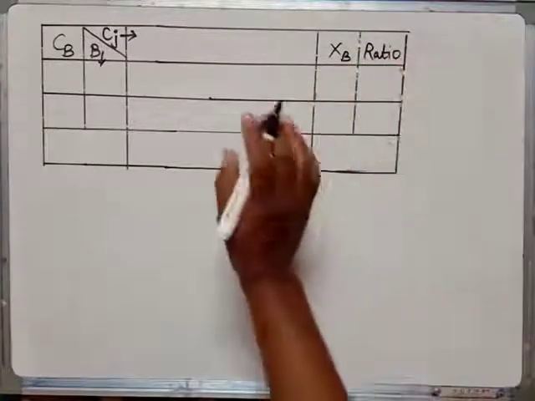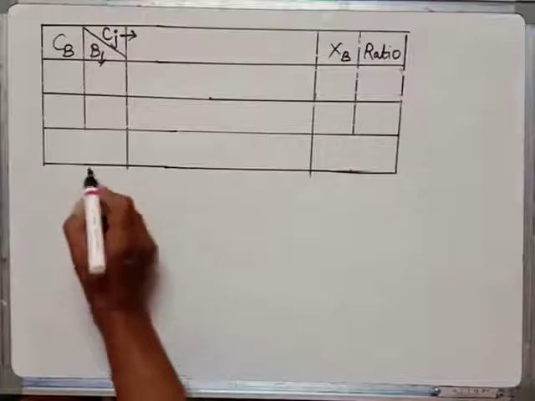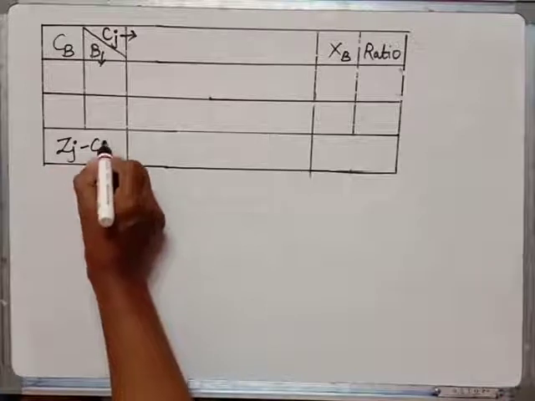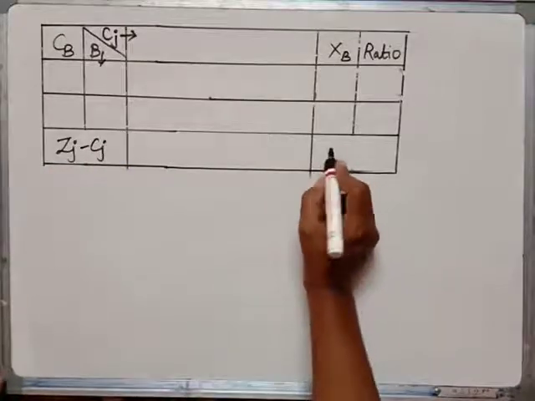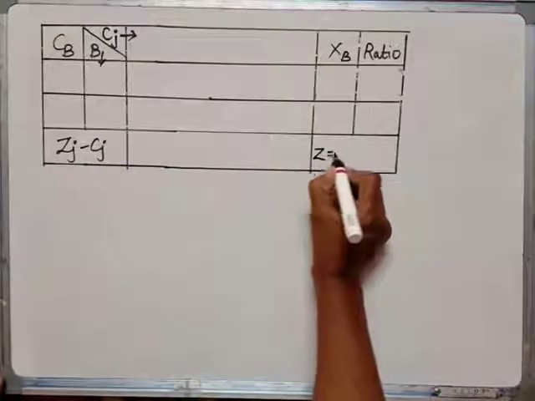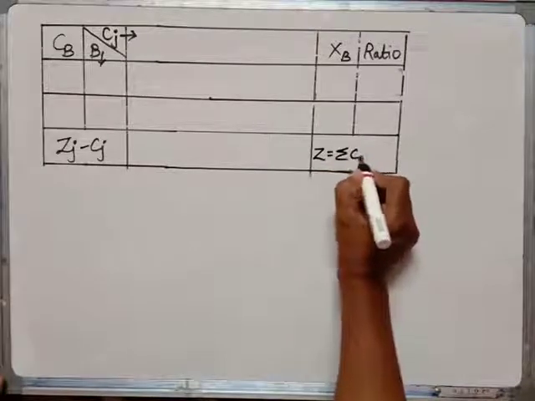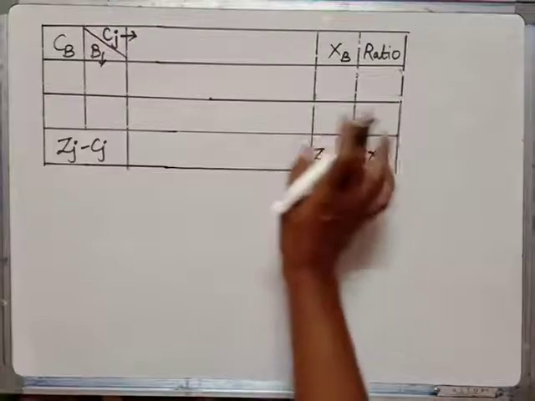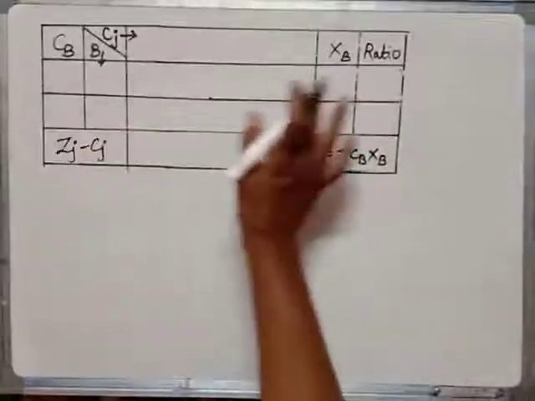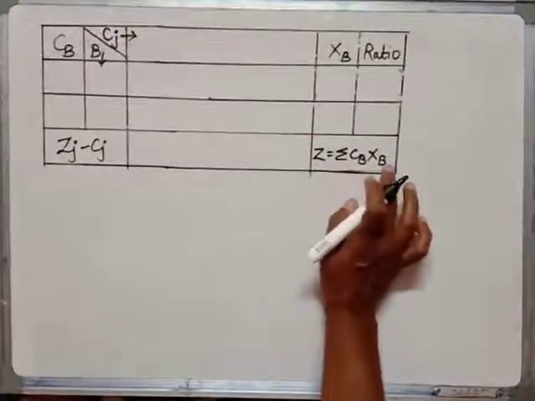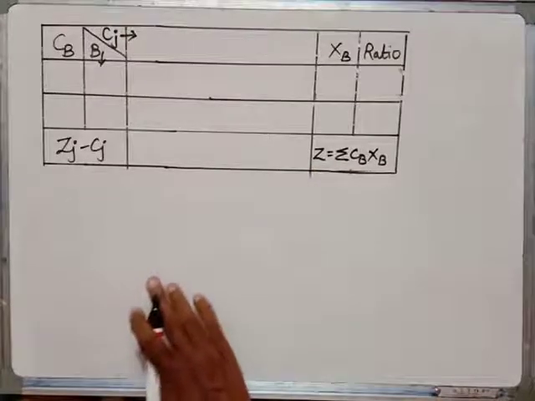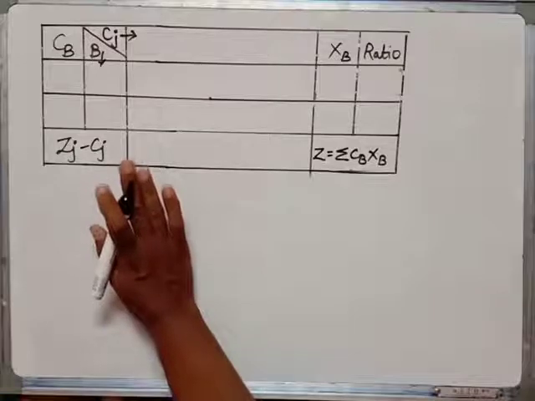Now what are these? Let me explain. Wait for a minute. Now here I will write Zj minus Cj. And here it will be Z. Z is equal to summation CB into XB. Whatever CB and XB are there, we have to take the product of them and we have to add them. So that will be our Z.